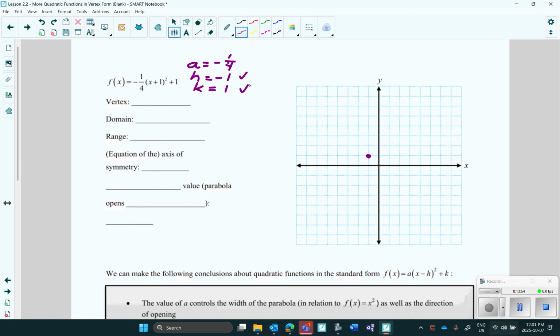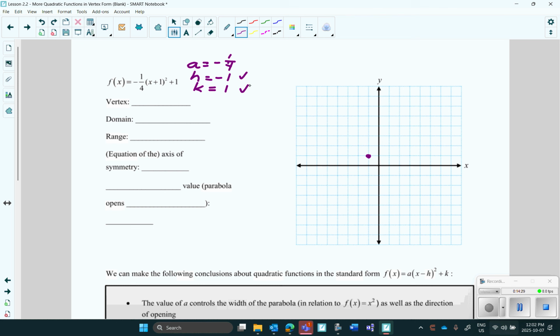Up or down? Down. Down because of this negative. So now you're thinking 1, 1, 2, 4. Notice going down now. But there's a quarter in front. So instead of going 1 across 1 down, I go 1 across a quarter of 1 down, which is how much? What's a quarter of 1? Tell me it's a fraction. What's 1/4 times 1?